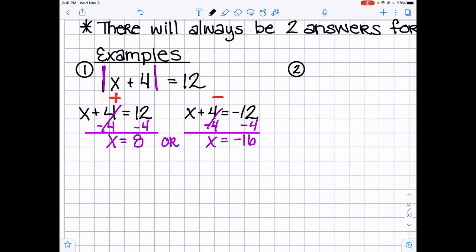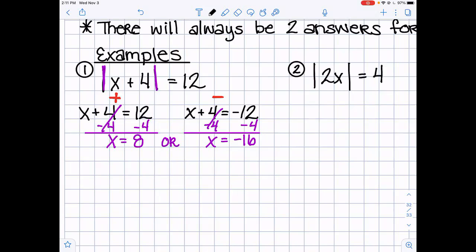So it can be either one. So what would our final answer be? Like if you were to tell someone the answer, would you say x equals 8 or x equals 16? Yes, the answer is both: x equals 8 or x equals negative 16.